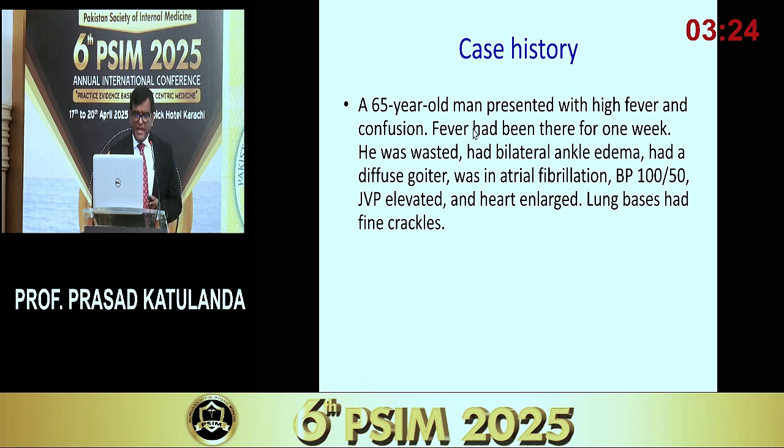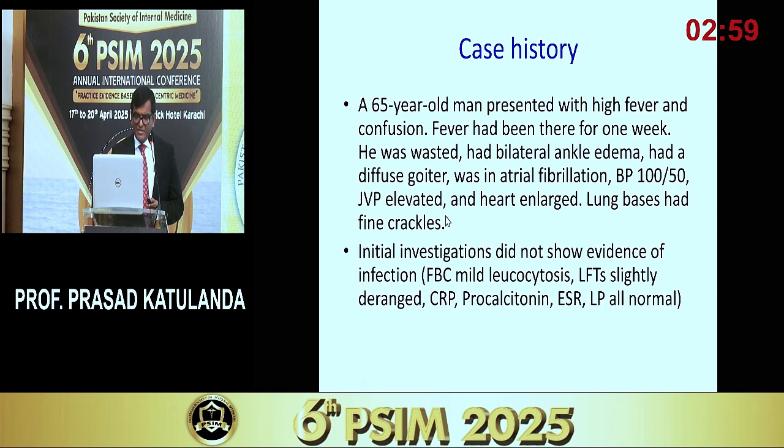Coming to another case, 65-year-old man presenting with, this is actually one of the cases I saw a few months ago, real case, high fever, confusion, fever for 1 week, wasted, had bilateral ankle edema, diffuse goiter, was in atrial fibrillation, very low-ish blood pressure, elevated JVP, enlarged heart, there were fine crackles in the lung bases.